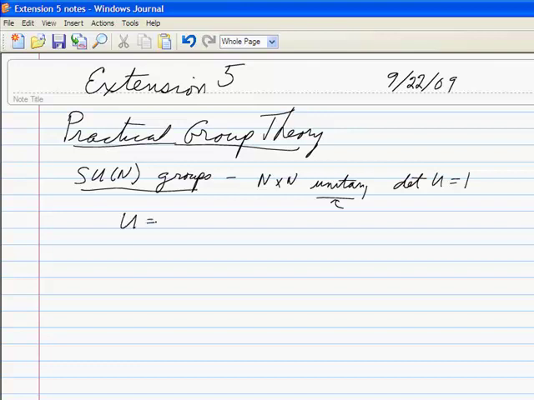But for any unitary matrix, you can write that as e to the i times a Hermitian matrix.